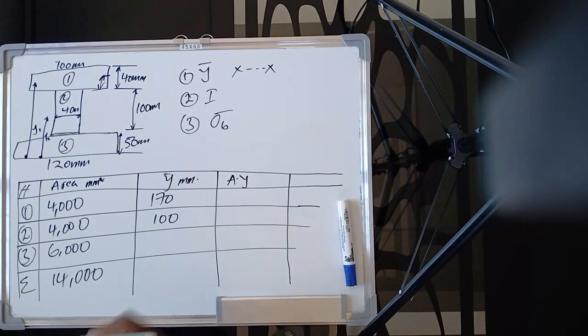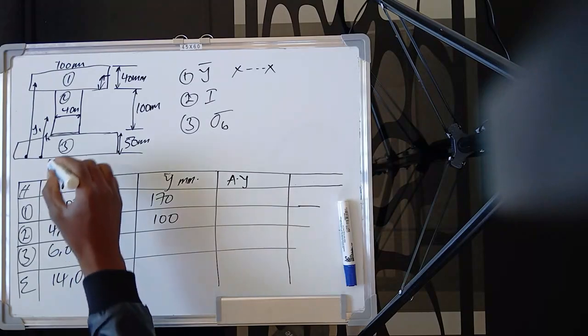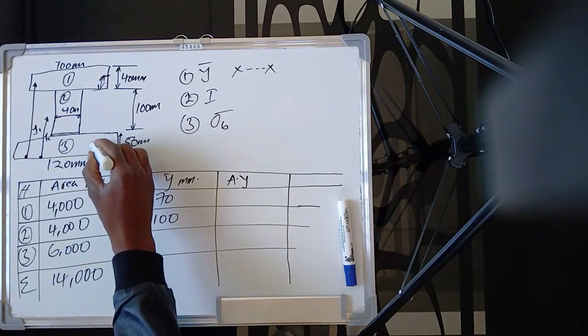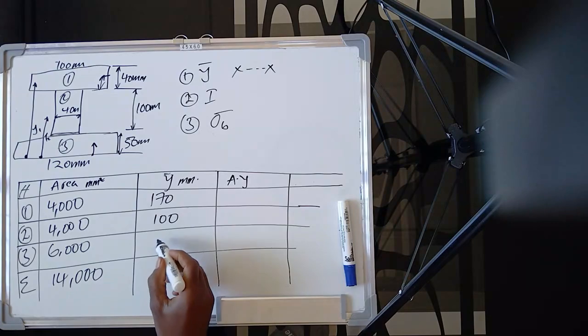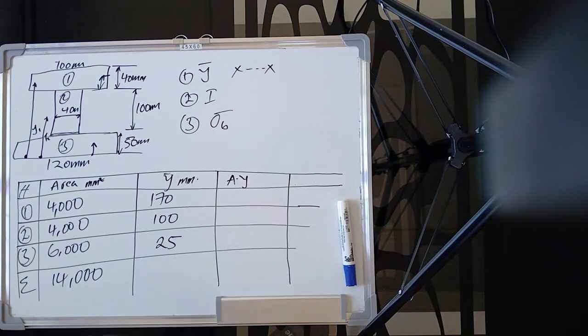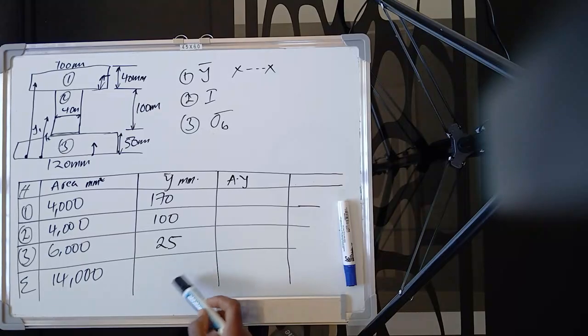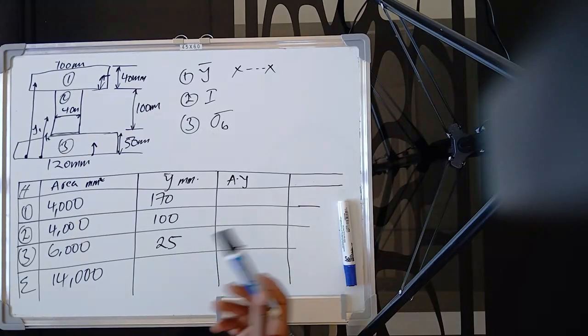That should give me 100. The third one, I'm just moving from here up to the middle point of this. I hope you people are able to follow properly. So that should give me just 25. Here I have no need of summing this because I'm not going to use it, so I don't want to waste my time.